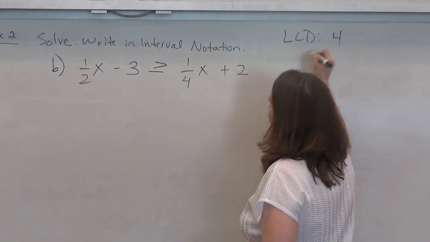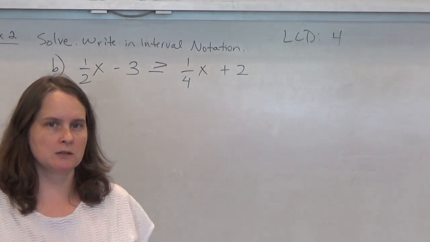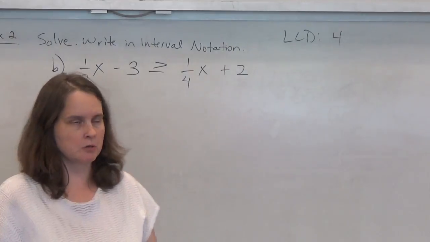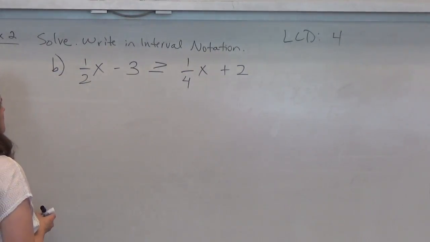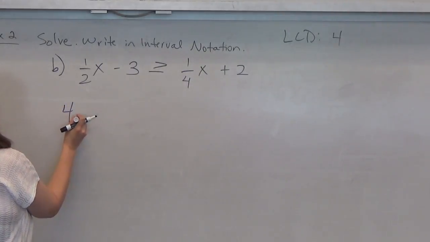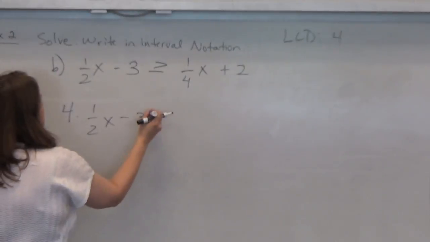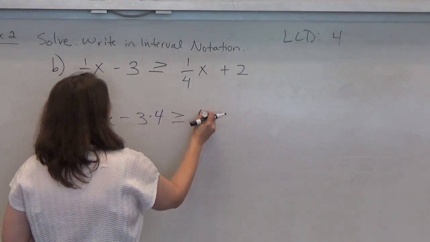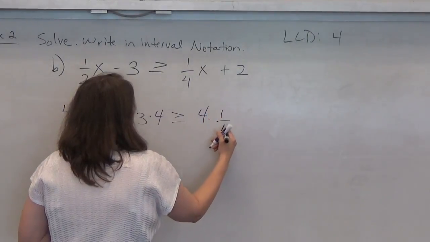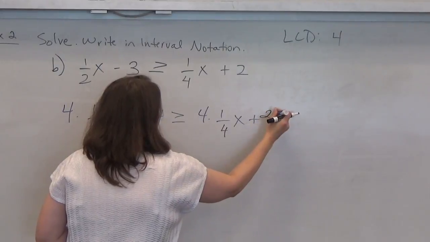So I want to multiply each term. I want to multiply both sides of my inequality by my LCD, and of course I have to distribute. So you can think of this as multiplying each term by your LCD. So we're going to do 4 times 1/2 x minus 3 times 4 greater than or equal to 4 times 1/4 x plus 4 times 2, or 2 times 4, either way.